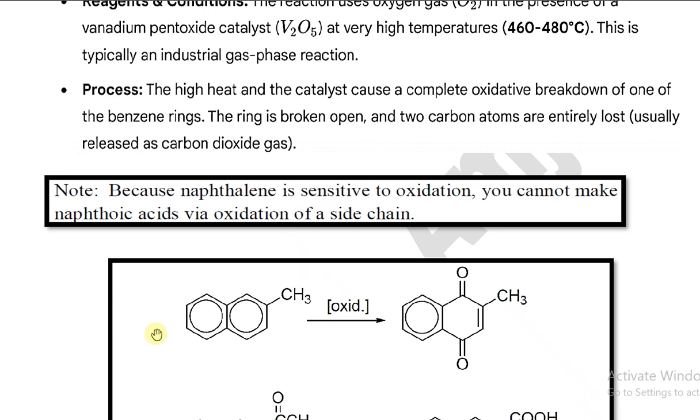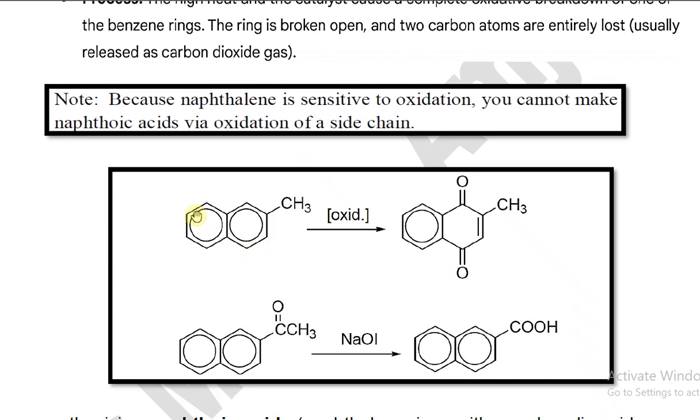If you want to use something like KMnO4 to oxidize just this R group without oxidizing the naphthalene ring, the reaction cannot happen. This will not convert to the COOH carboxylic acid group, but the naphthalene will enter the oxidation reaction before the R group, to give you this compound.